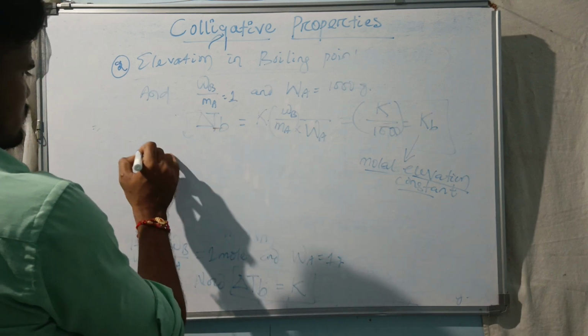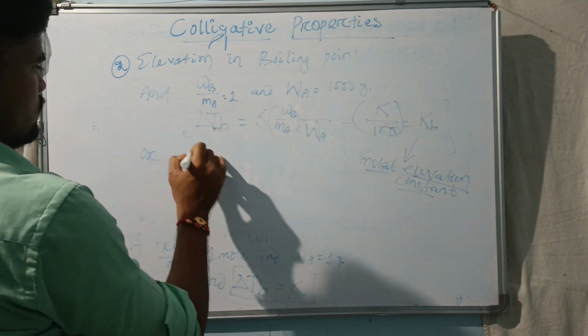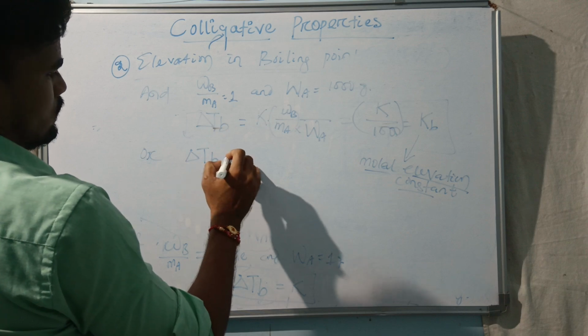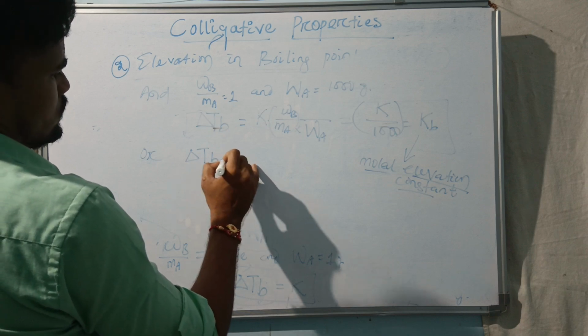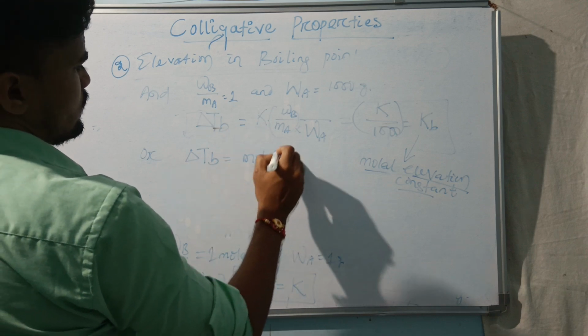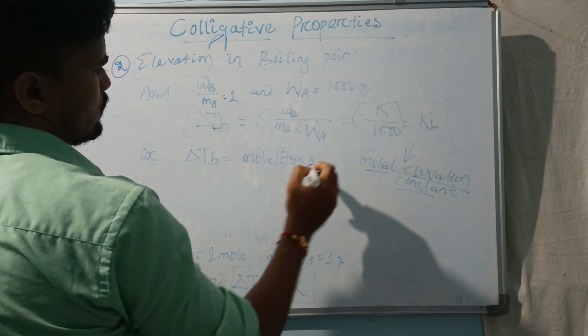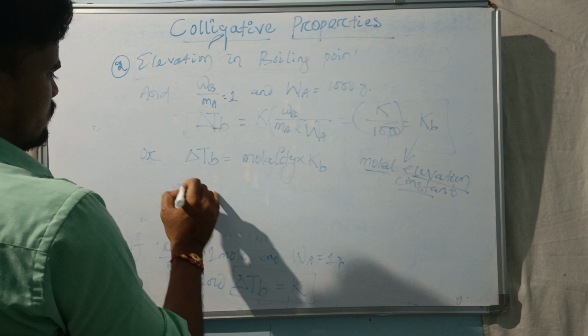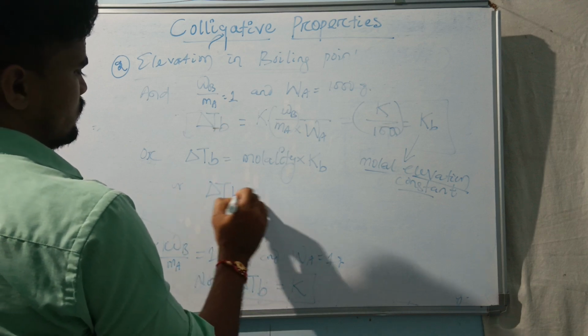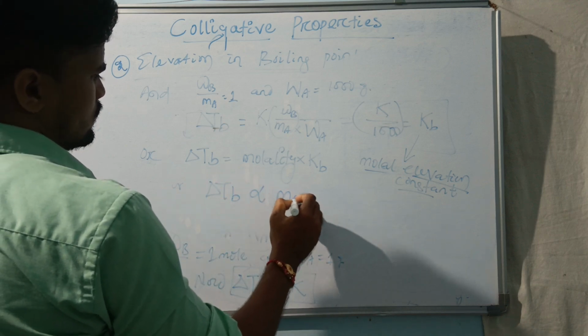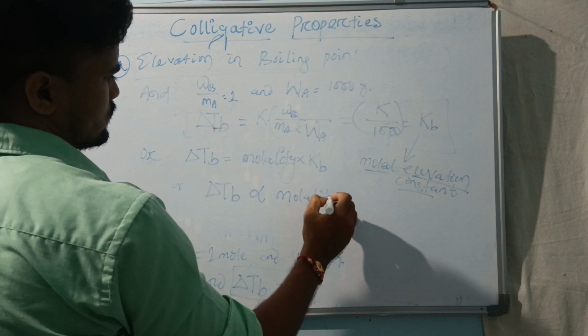Or we can write delta TB is equal to molality into KB, or delta TB is directly proportional to molality.